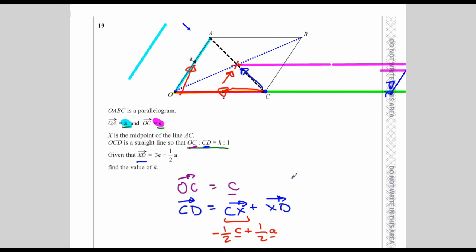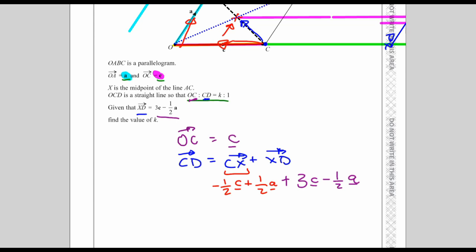Okay, so we're going to do that and then plus XD, which is 3C minus a half A. Now can you see that our A's are going to cancel out? Plus a half A minus a half A. So all you've got left is your minus half C plus 3C. Now 3C is 6 over 2C.